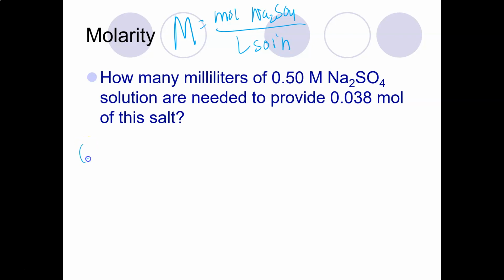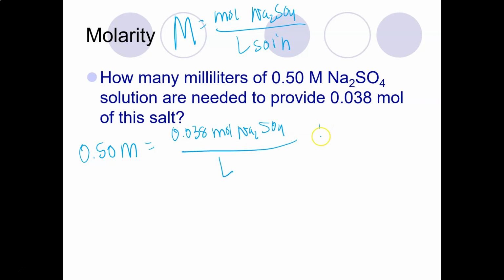So if I plug it in as the equation, I'm going to put 0.50 capital M for the molarity spot, 0.038 moles in the moles spot, and I don't know in the liters spot, so we're solving for liters. So when we rearrange this, it's going to end up looking like 0.038 moles divided by 0.50 molarity. My answer would be in liters.